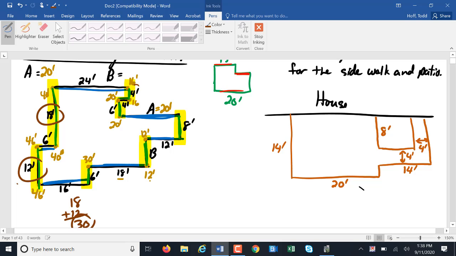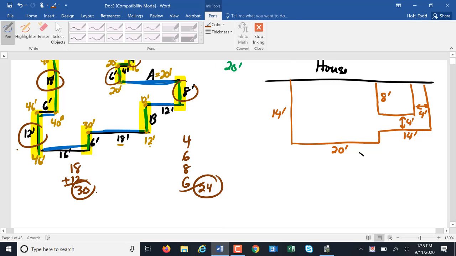Going this way, we've got 4, 6, 8, B, and 6. So 4, 6, 8, and 6. What do those add up to? 24. Good. Well, B has to be the difference between the 30 and the 24. So B is 6 feet. Good. Do those make sense?